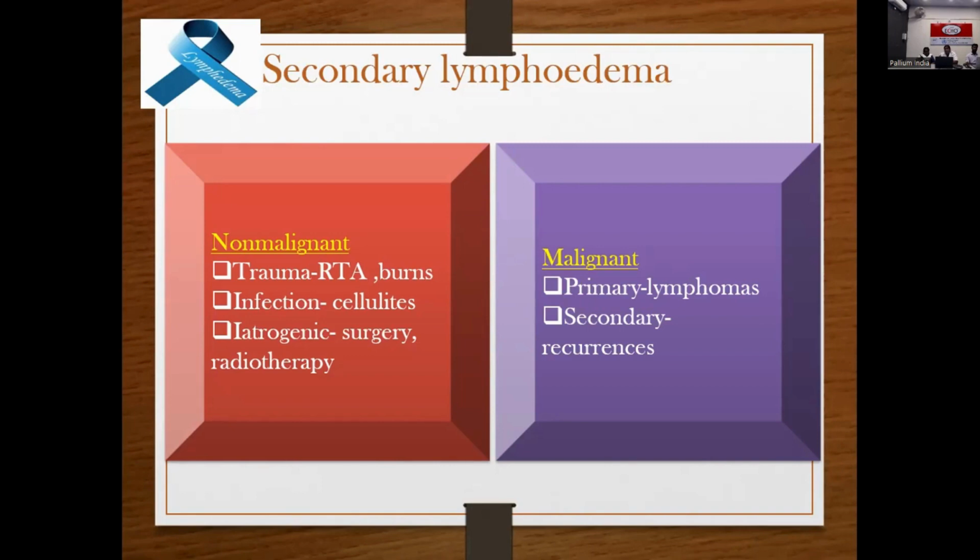So there is a chance of lymphatic drainage blockage, which will cause lymphedema. Then radiotherapy. During radiotherapy, the surrounding lymph nodes are also affected. High density radiation is given to that area, and it affects the surrounding normal lymph nodes too. It also causes lymphatic drainage blockage.